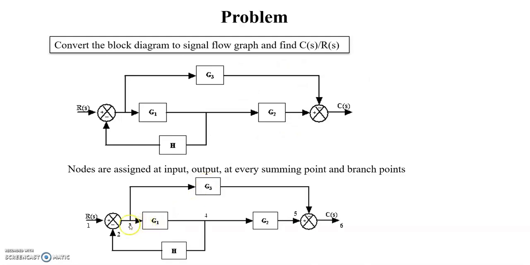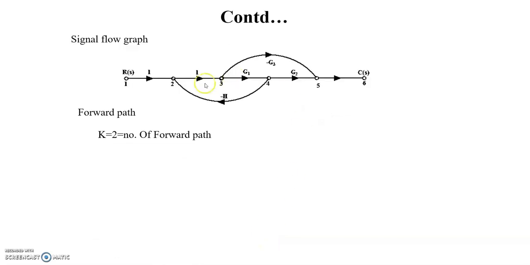The loops: node 3 to 5 is G3, and similarly node 4 to 2 is the feedback minus H. So next you put that here: 3 to 5 is minus G3 and 3 to 2 is minus H. Now look at the signal flow graph in this diagram.